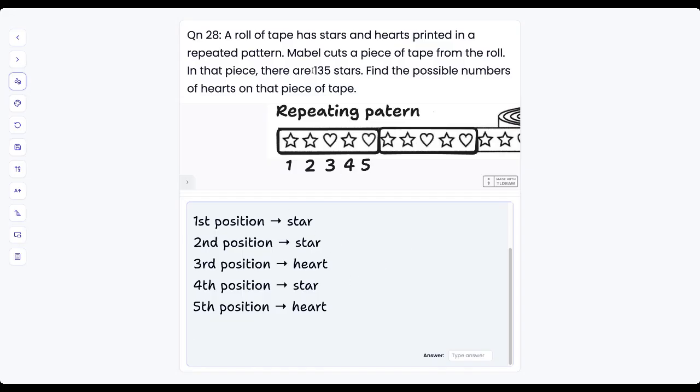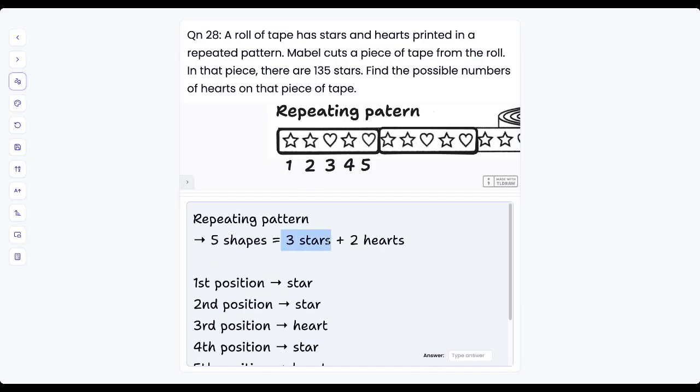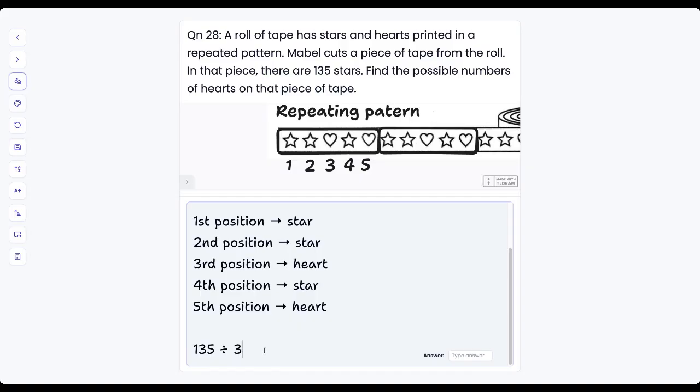what we can do is, we have 135 stars over here. So we can take 135 and divide it by the number of stars in one group, which is 3 stars in this case. Why do we do that?